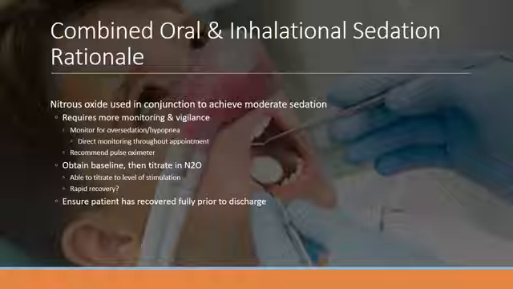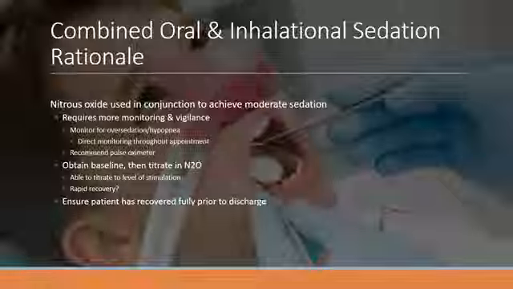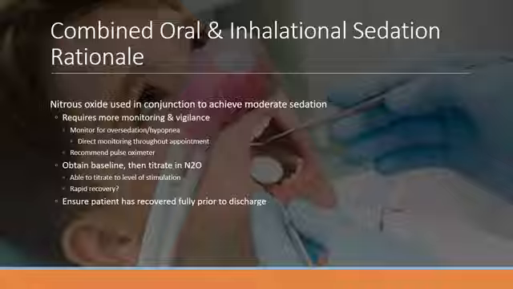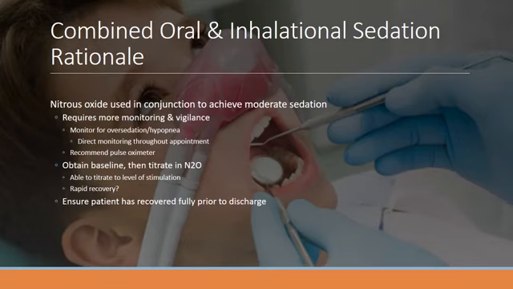One nice way to do this is to establish a baseline with your oral sedative, whether it's diazepam, midazolam, triazolam, I don't care which one it is. Make sure that you've established your baseline, and you've given that enteral drug plenty of time to work. Then you go ahead and add in your nitrous oxide as needed. What that allows you to do is to titrate the nitrous oxide up and down according to the level of stimulation and according to this patient's needs.